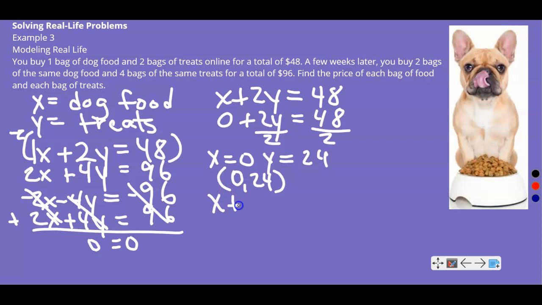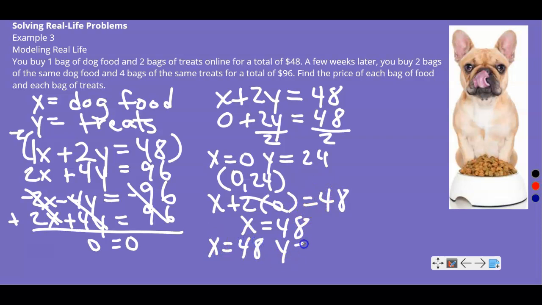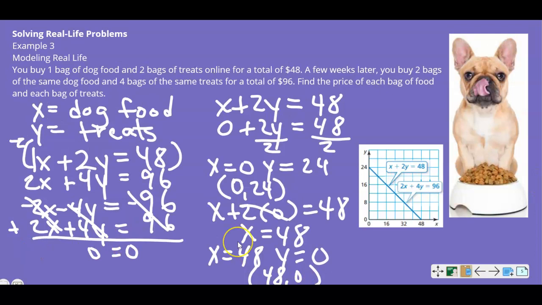We have x plus 2y, and this time y is going to be 0, equals 48. This cancels, so x equals 48. So when x is 48, y equals 0. So (48, 0) is another one of our intercepts.